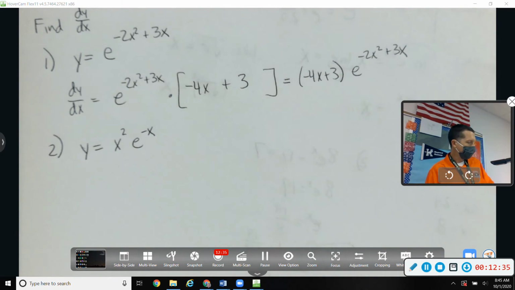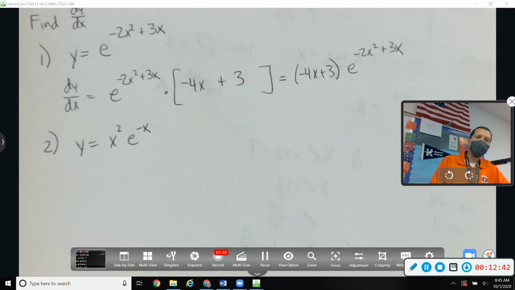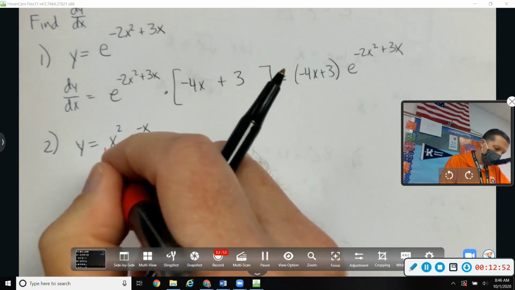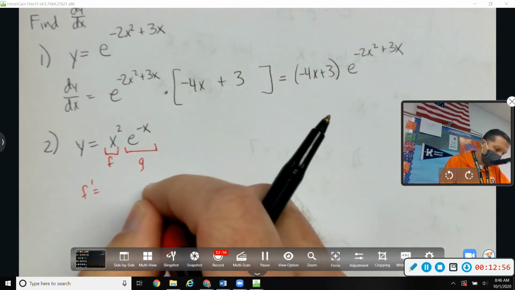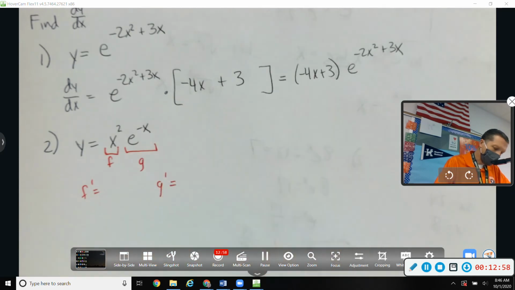Y equals x squared e to the negative x. What rule are we going to need here? The product rule. F, G, F prime, G prime. Why don't you see if you can take it from there?